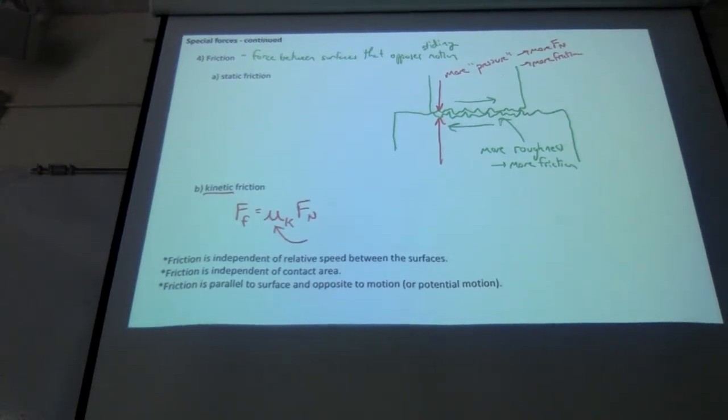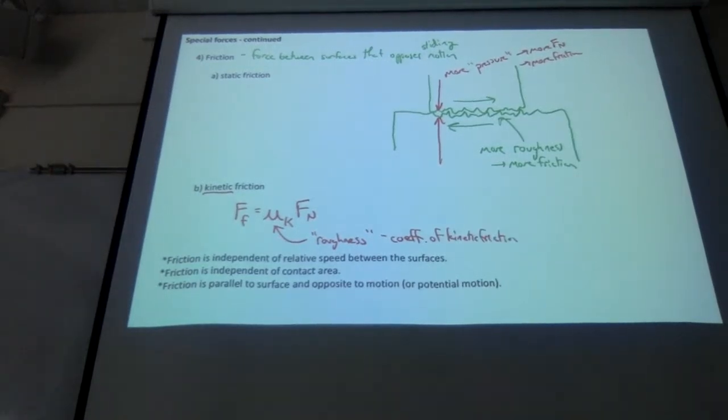This mu sub k is a measurement of the roughness, and it is known as the coefficient of kinetic friction. For a given pair of surfaces that are interacting, it will just be a set value, a constant that someone measured experimentally. There's a table of them in the book.